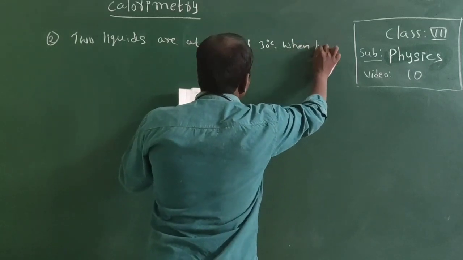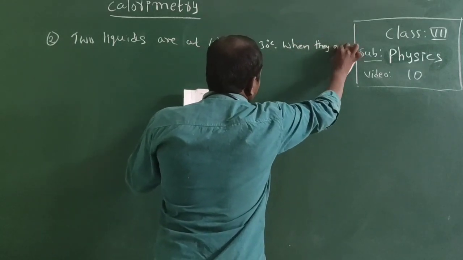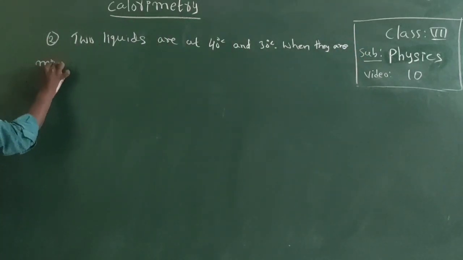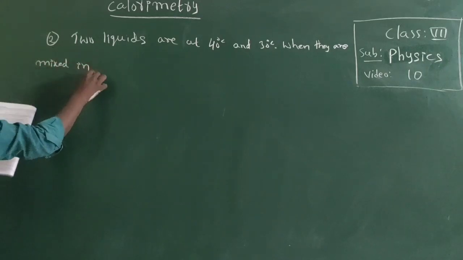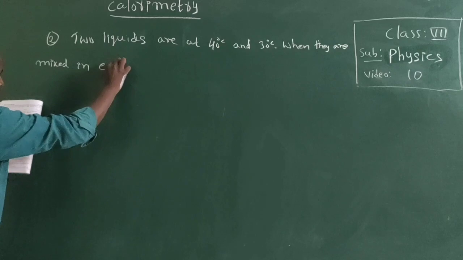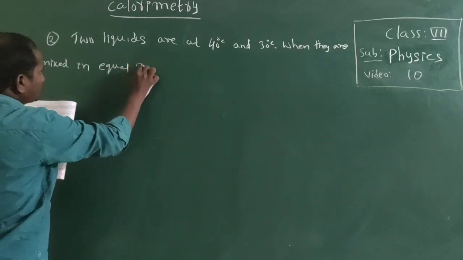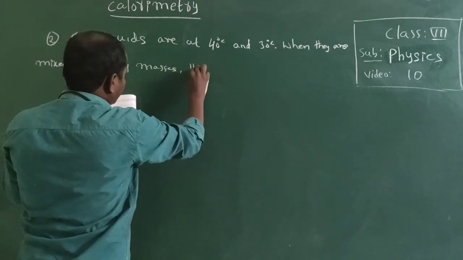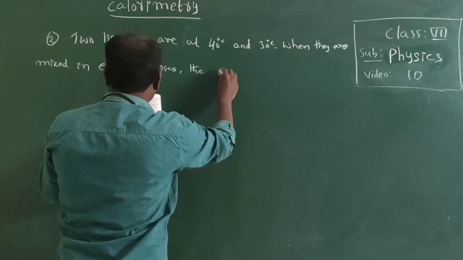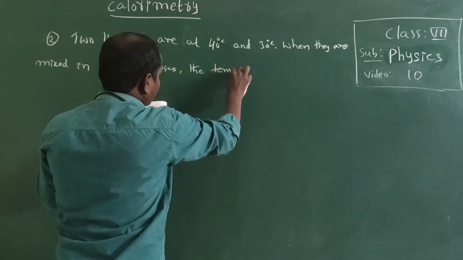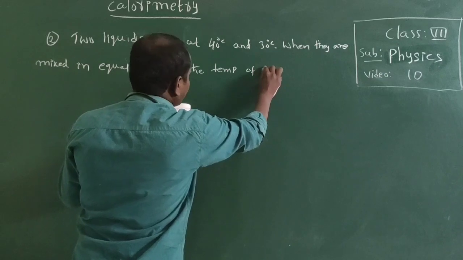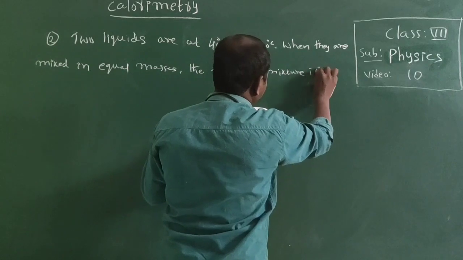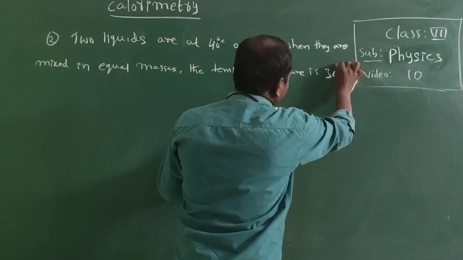When they are mixed in equal masses, the temperature of the mixture is 36 degrees Celsius.